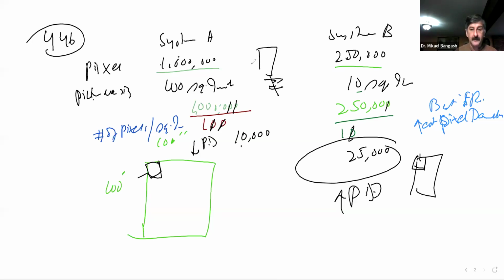So from the data that we got here, we were able to calculate the pixel density.